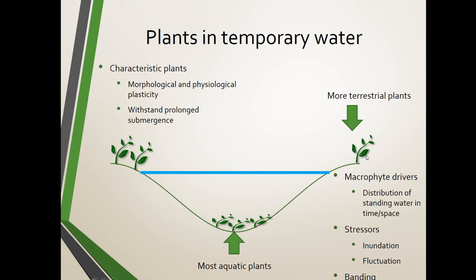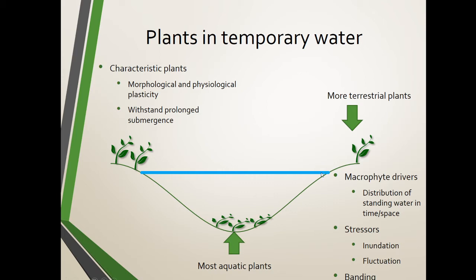So what we generally see is up in the uplands you have more terrestrial plants and the most aquatic plants down in the low areas, because they're going to have water the most. These would have the most adaptations to living in a truly aquatic environment. And what drives what plants can live where is the distribution of standing water in time and in space. Okay? So what do I mean by that?